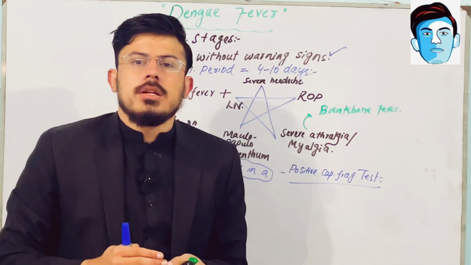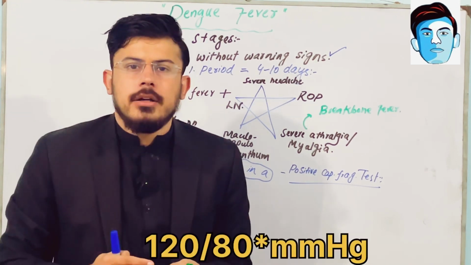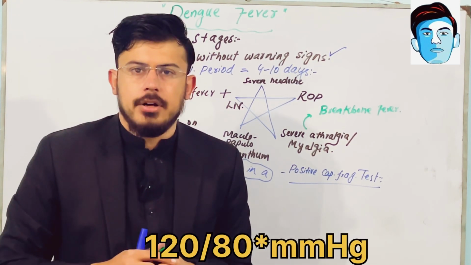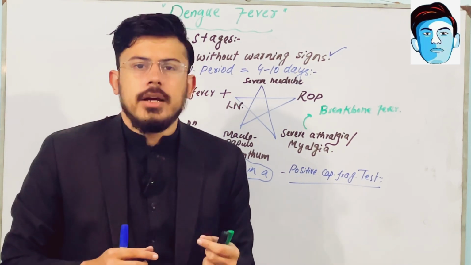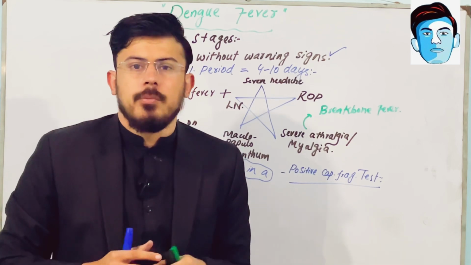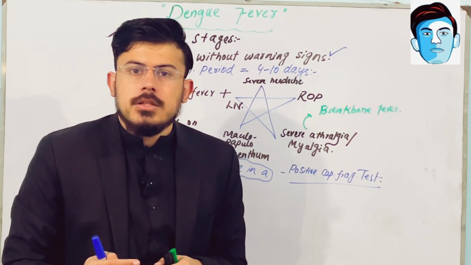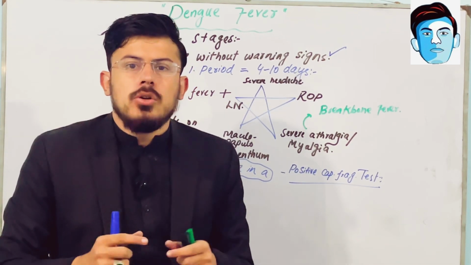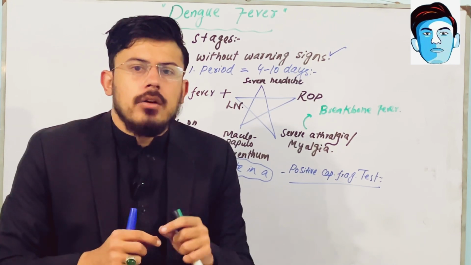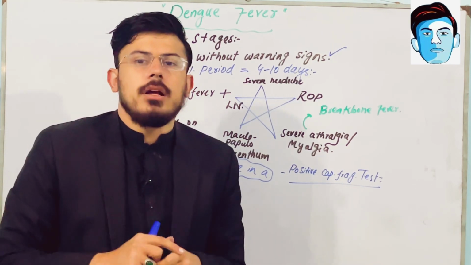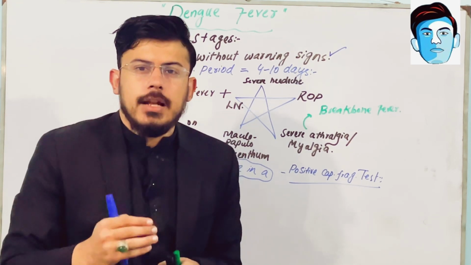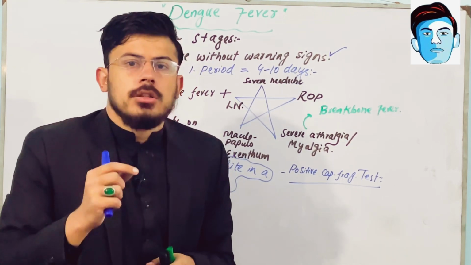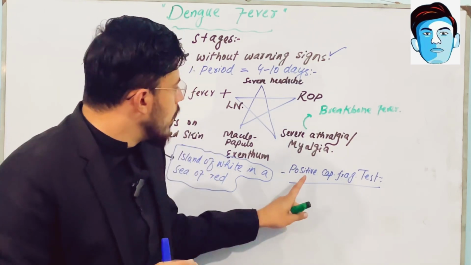If the BP was, let's say, 120 by 100, then you take the mid of that reading, like 100. You have to keep the BP cuff inflated up to 100 mm Hg for 5 minutes, and after 5 minutes you see how many petechial hemorrhages there are. If the petechial hemorrhages are more than 10, that is the classical positive capillary fragility.